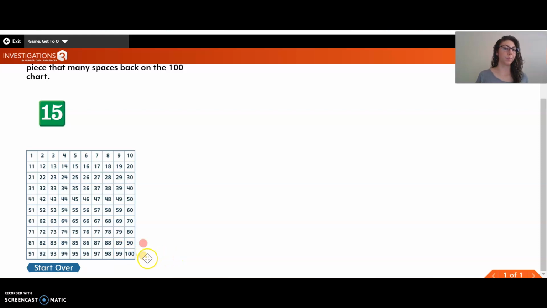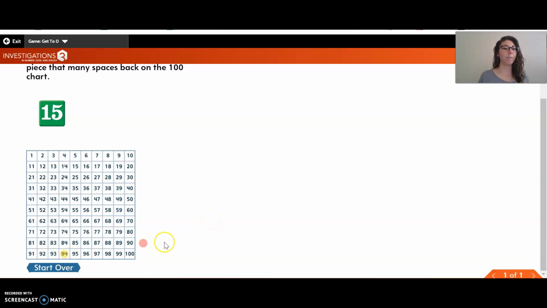Remember what I've said about how $1 is the same as 100 cents? You would take this counter here and count back the cents that you're subtracting. So we started with $1 or 100 cents, and we're going to subtract 6 cents. So we're going to subtract 1, 2, 3, 4, 5, 6.